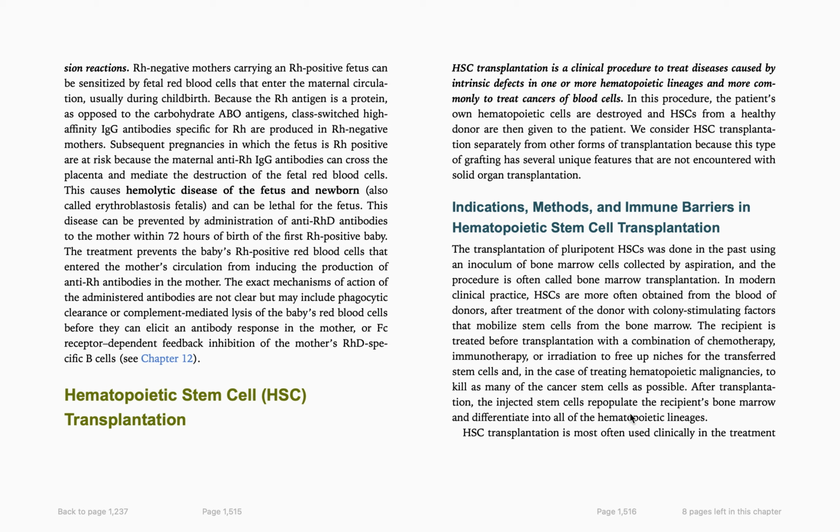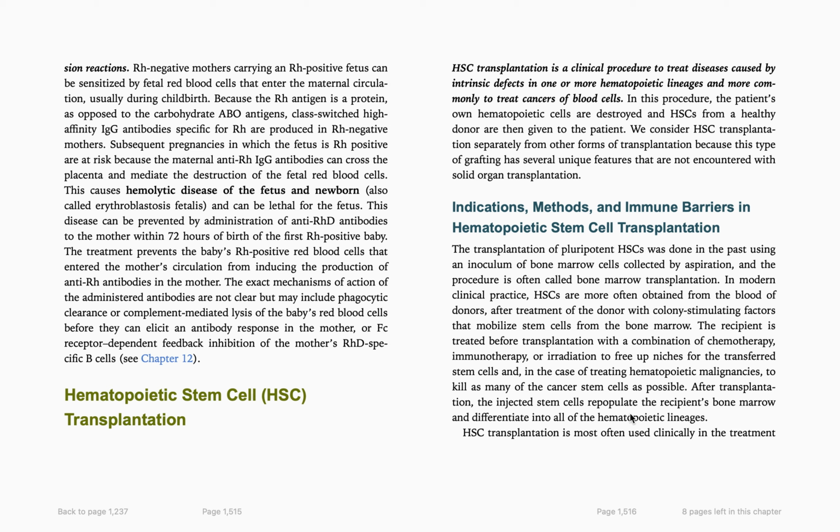Subsequent pregnancies in which the fetus is Rh positive are at risk because the maternal anti-Rh IgG antibodies can cross the placenta and mediate the destruction of the fetal red blood cells. This causes hemolytic disease of the fetus and newborn, also called erythroblastosis fetalis, and can be lethal for the fetus.